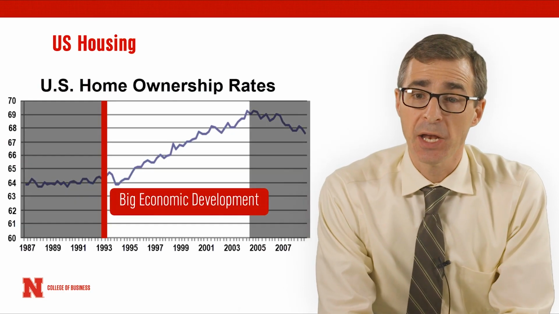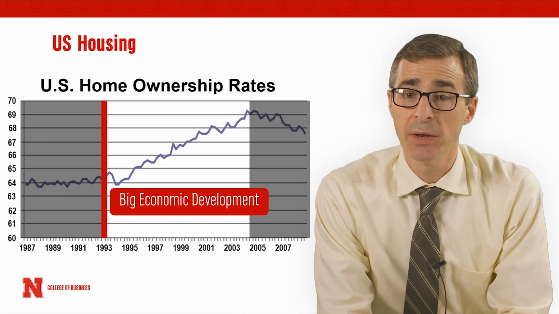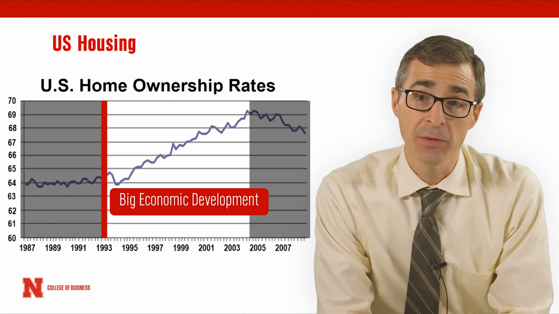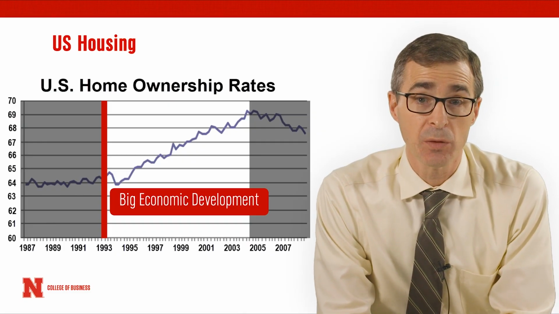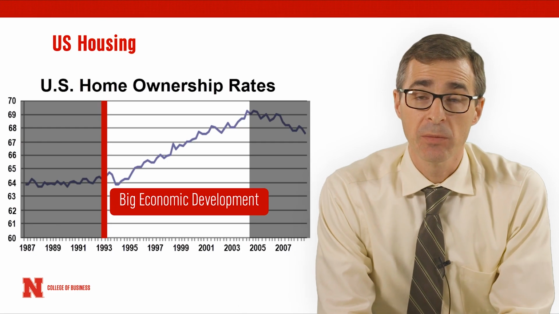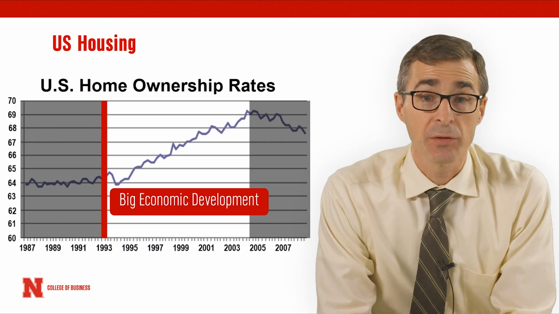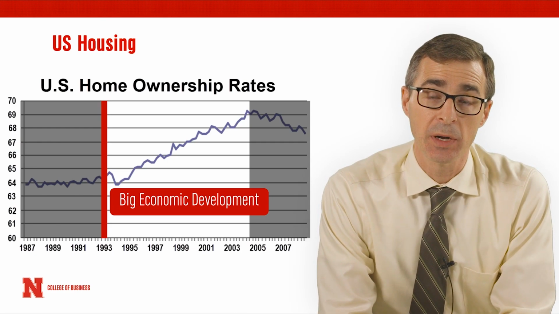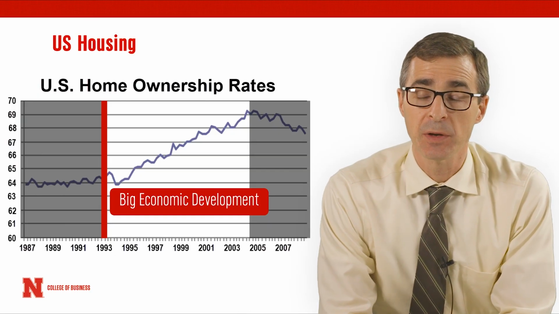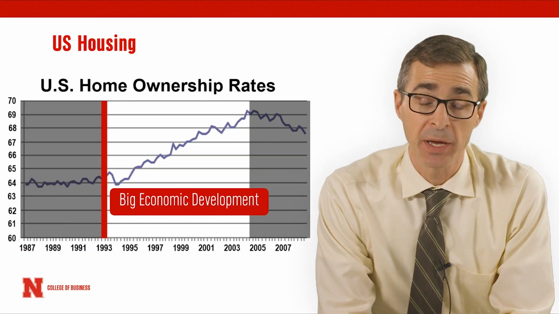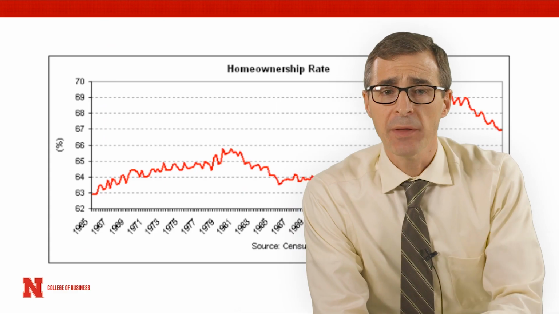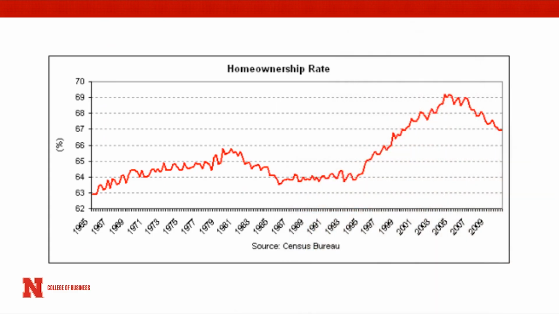So there was a big economic development, and that was one element, that was one ingredient, if you will, in this financial bubble. There were others, which were relatively low interest rates that were deliberately pursued by the United States Central Bank. But I think it's also important to bear in mind a longer historical perspective.